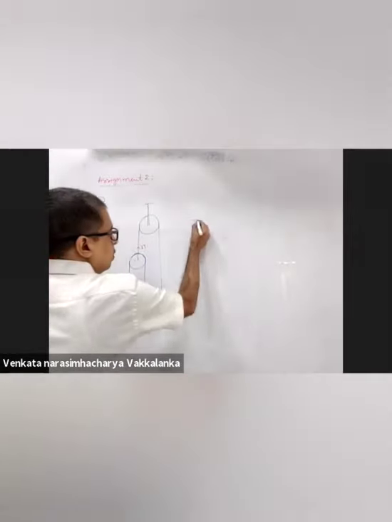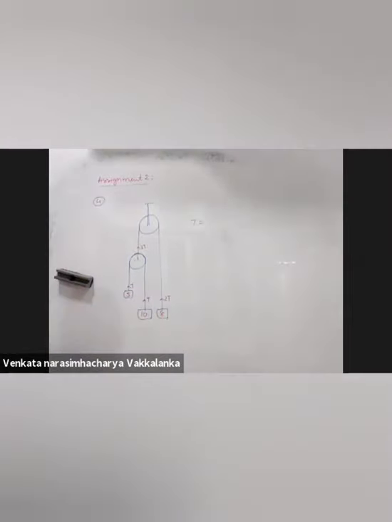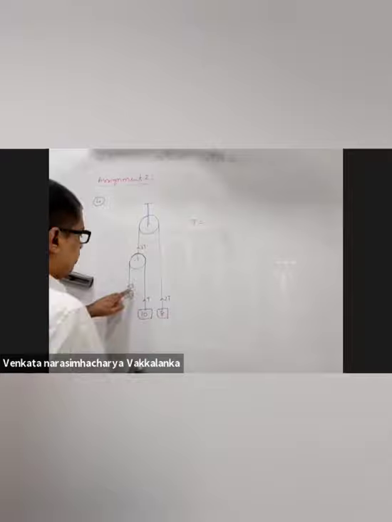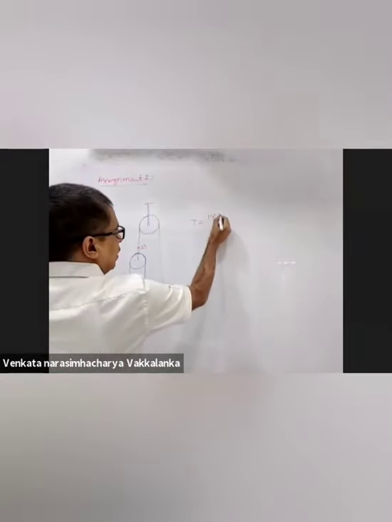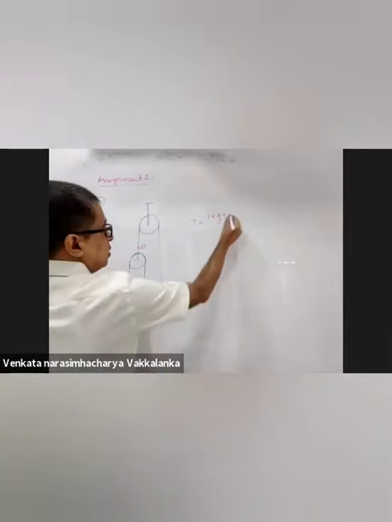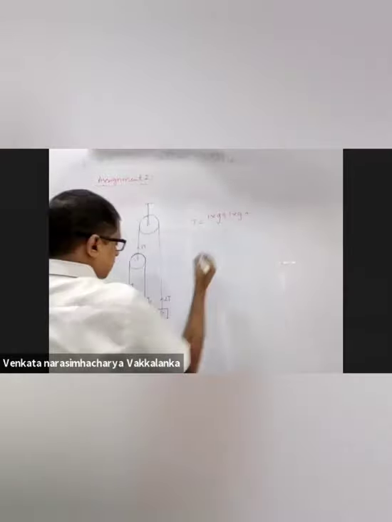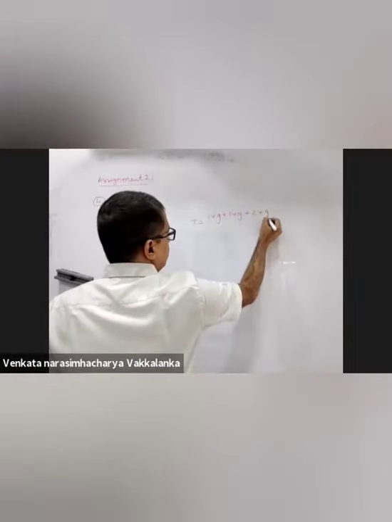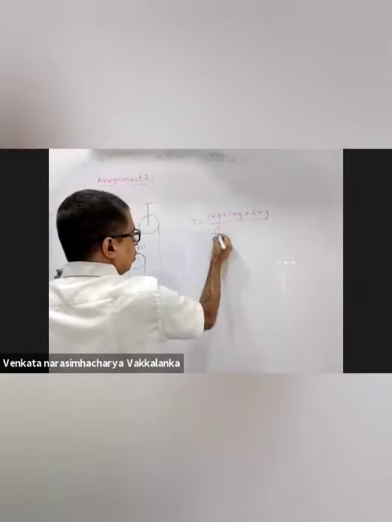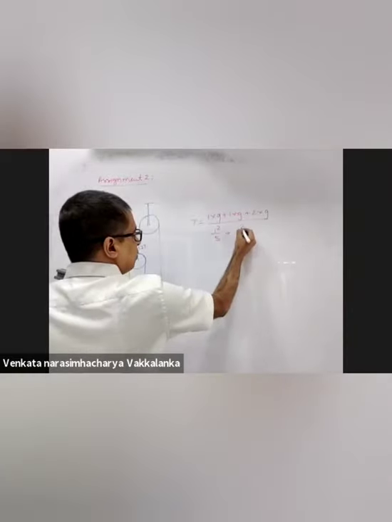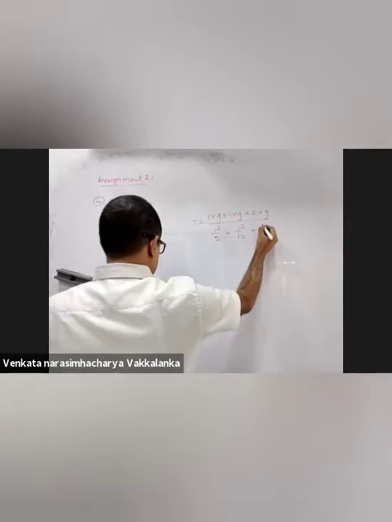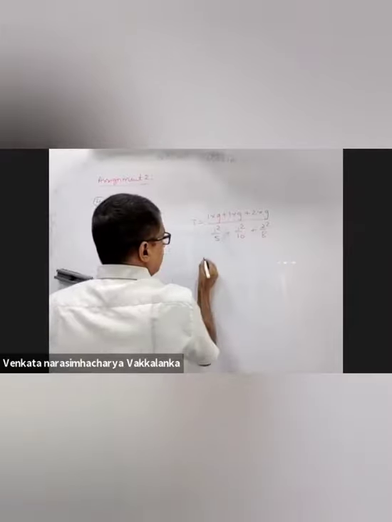Agreed? What will be the tension in this particular string? The coefficient of tension here is 1 into g plus 1 into g plus 2 into g, upon 1 square by 5 plus 1 square by 10 plus 2 square by 8.